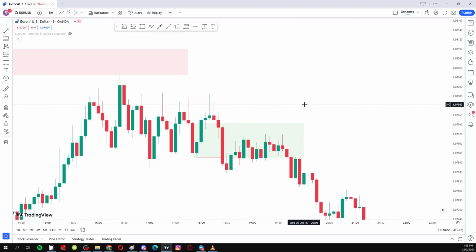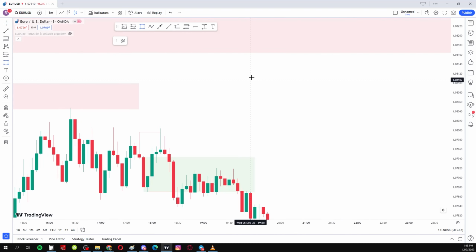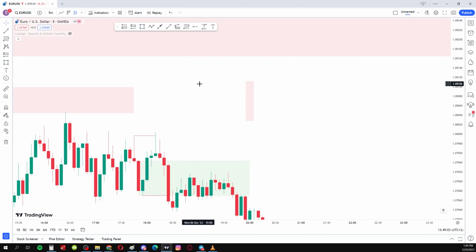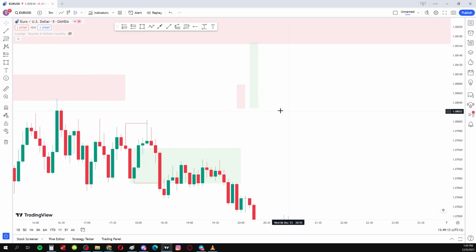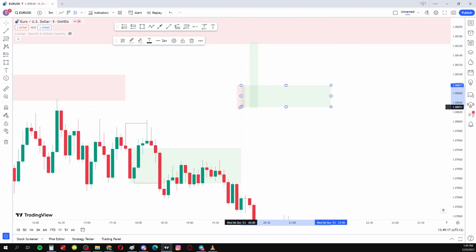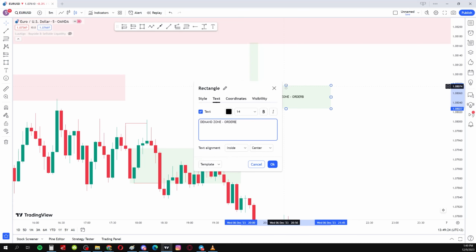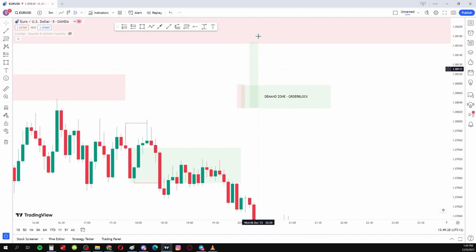So an order block initially is the last red candle before the price explodes to the upside. So this is the order block, or we can also call it demand zone or order block. Okay, so the red candle before it explodes is the same?